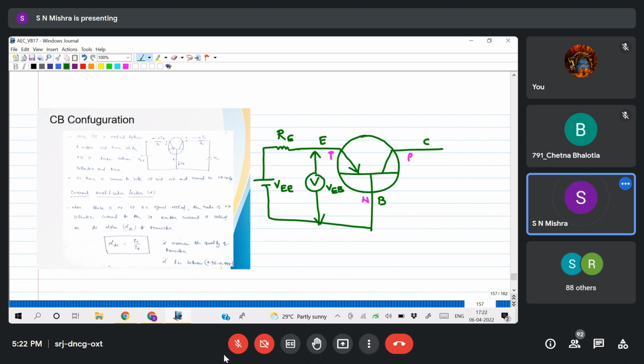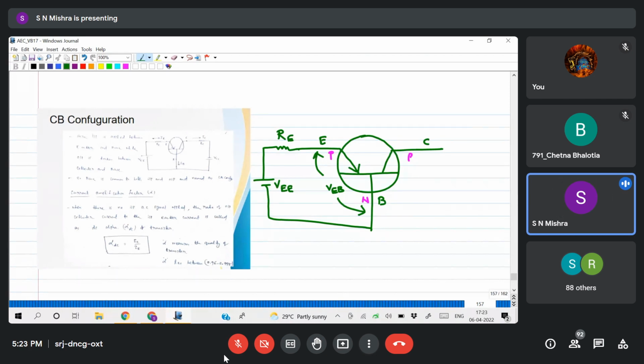Is it clear? You can use a potentiometer or directly write VEB between emitter and base.